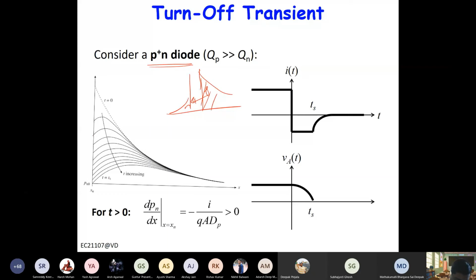This picture shows clearly how the concentration is changing. Because it is extracted here, the slope is negative here, and here it is recombining basically. And I, the current, is qAD dp by dx, with a minus sign, right? So dp by dx you can write as I by qAD. So if I changes, then dp by dx will change with I.